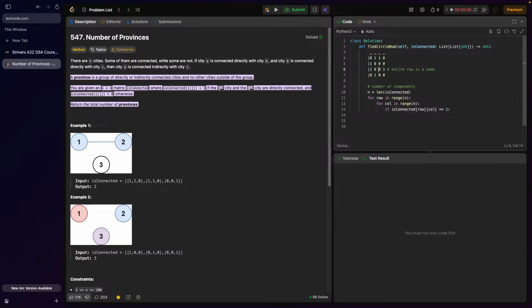So I can either go to 0 or go to 4. So that means I have 4 over here, 2, and then 0, and this is connected to 1. This is how the graph would look.